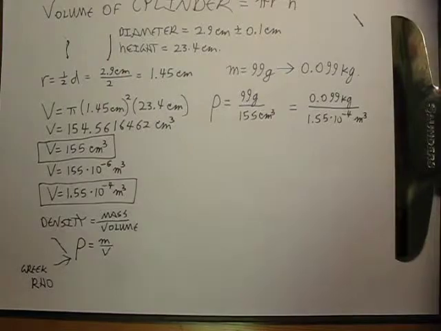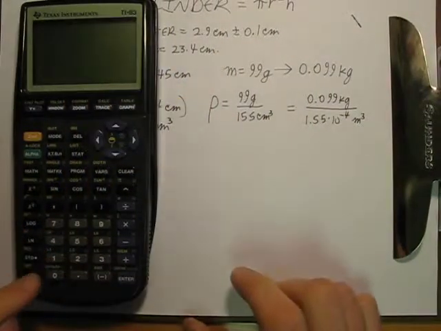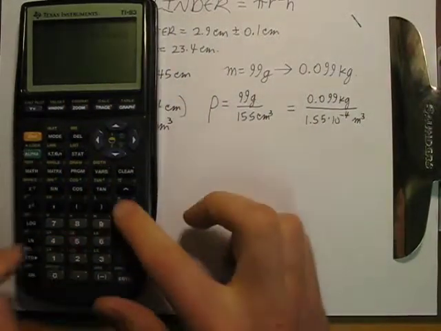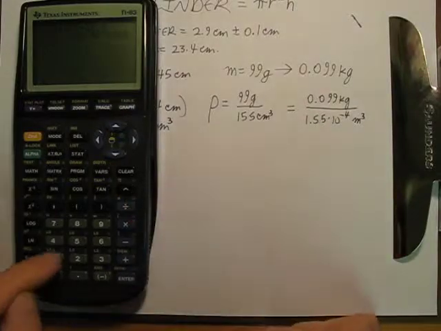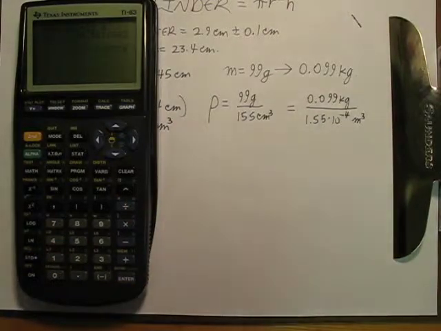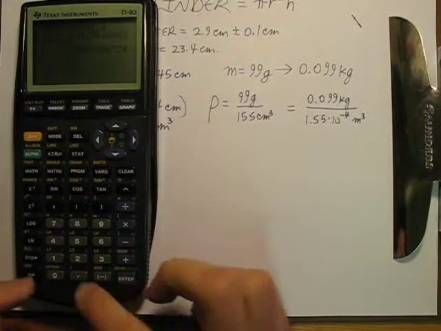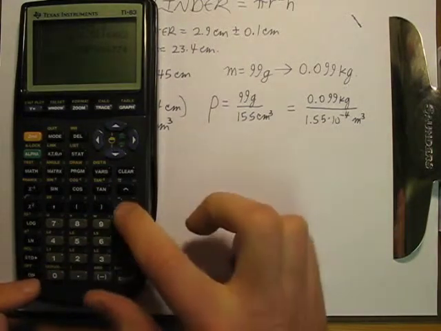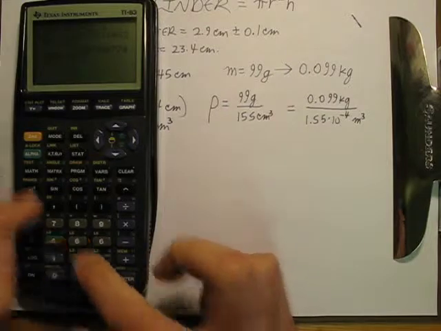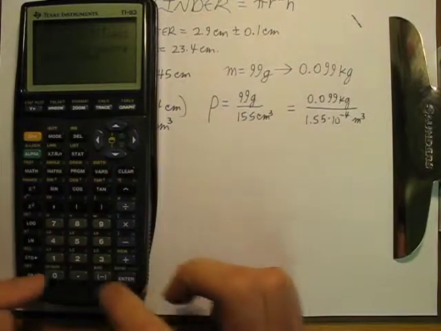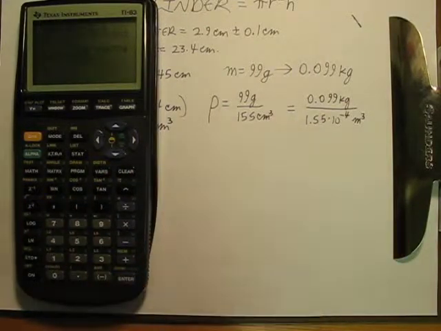Okay, so that's going to give me 99 divided by 155, I'll write that down in a second, and 0.099 divided by 1.55, second EE, negative 4.